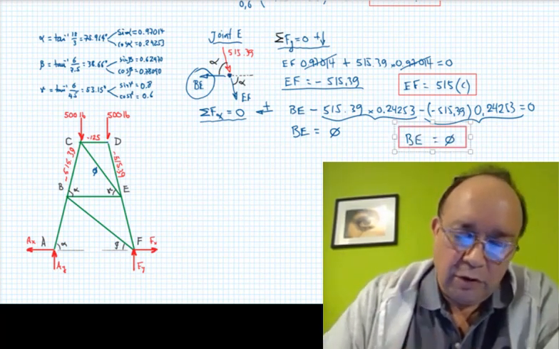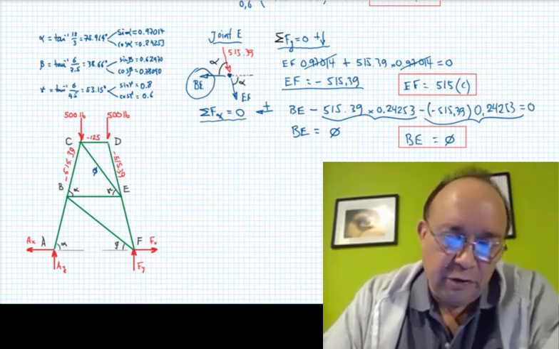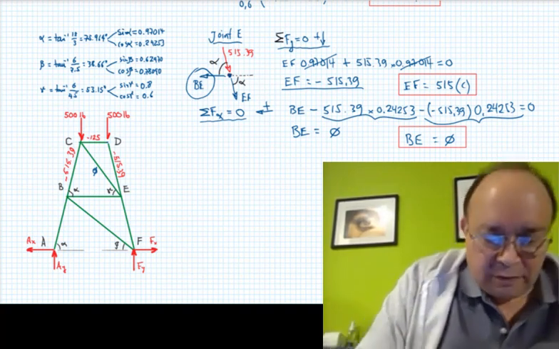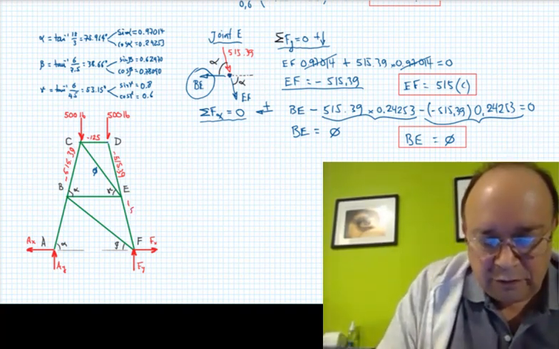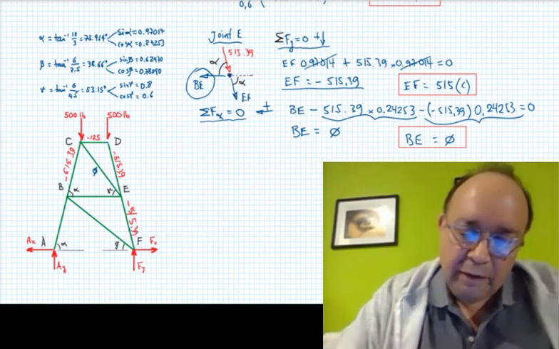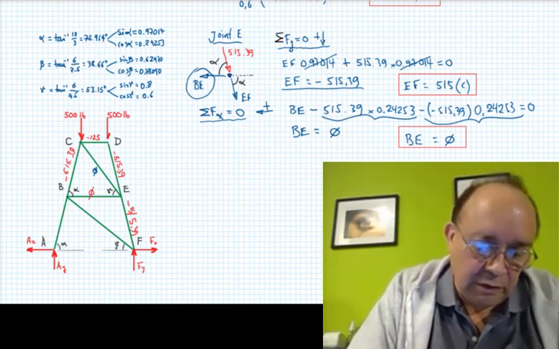So let's put those results. EF compression 515.39, EF minus 515.39, and BE 0. This one is 0.